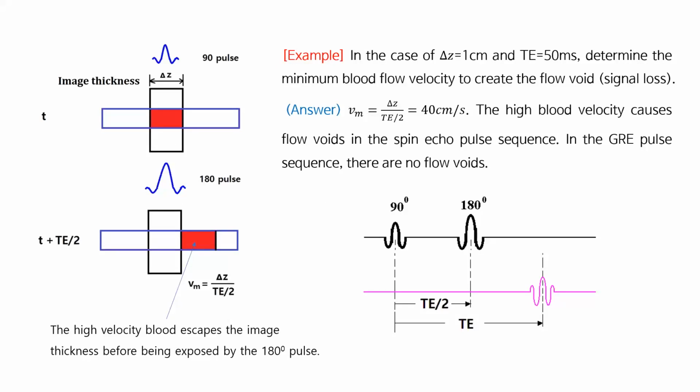So this figure shows how blood is exposed by the 90-degree pulse, but not by the 180-degree pulse.